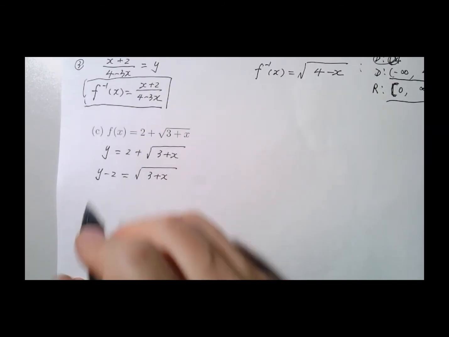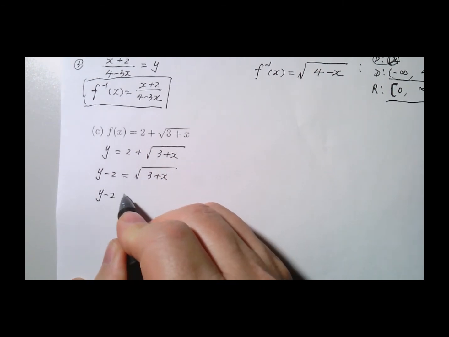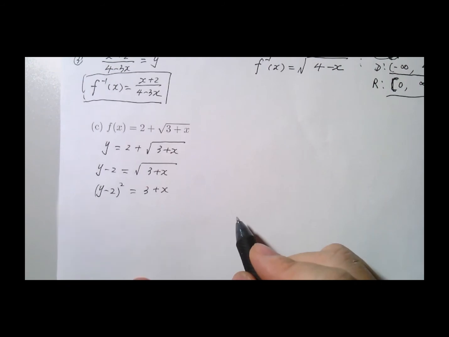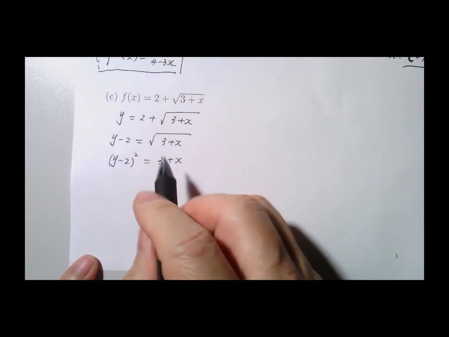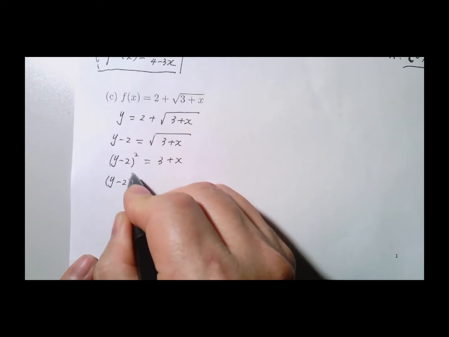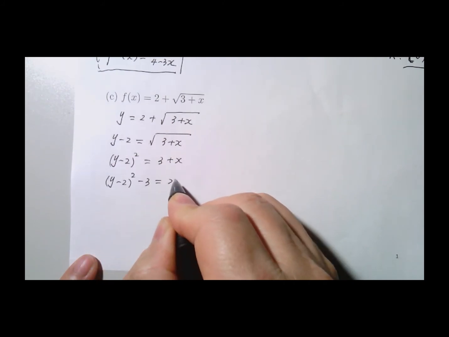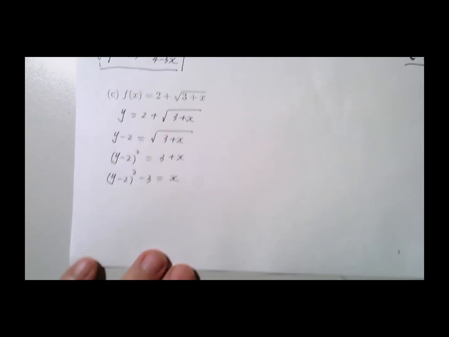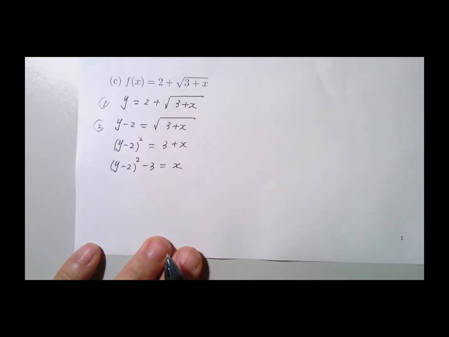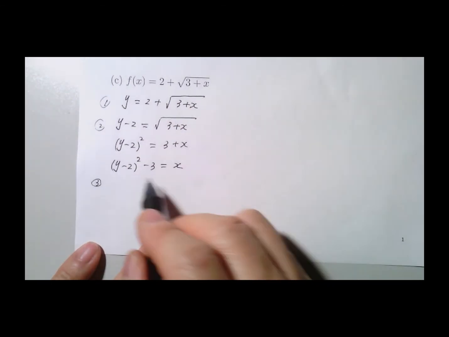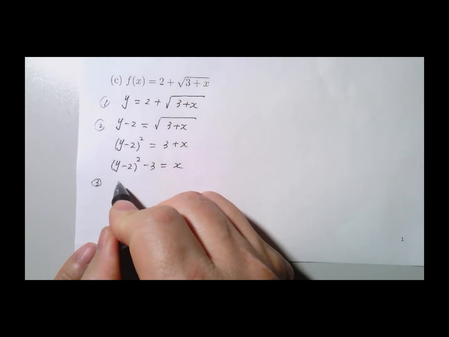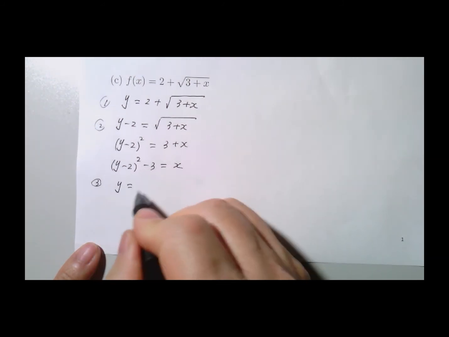Square both sides, we get y minus 2 squared equal to 3 plus x. Solve for x, subtract 3 from both sides, you get y minus 2 squared minus 3 equal to x. So that's the second step, solve for x. The third step, interchange x and y. So I'm going to write this x as y and write the y as x.